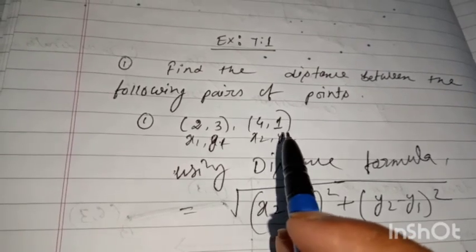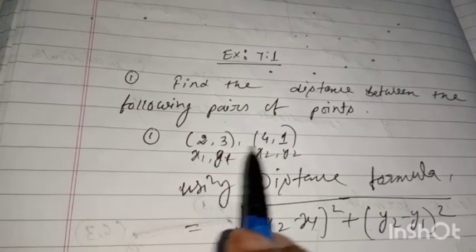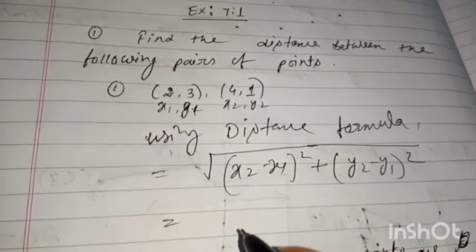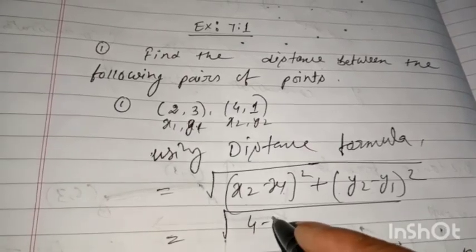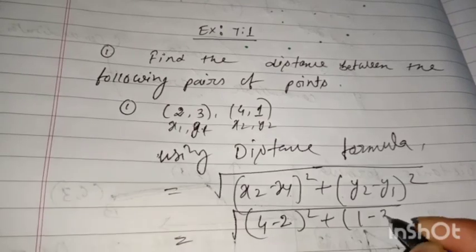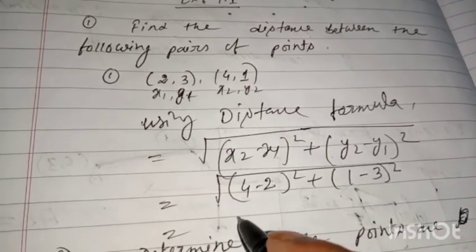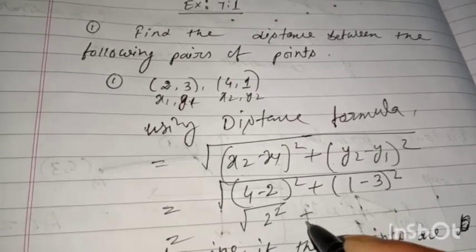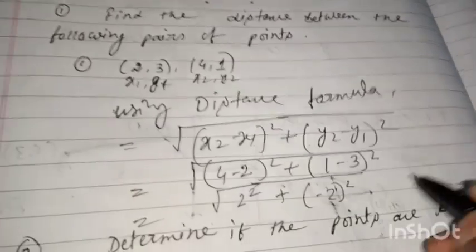After solving two or three sums, there is no need to write here, you will get the idea by yourself easily. So what is X2? 4, X1 is 2, Y2 is 1, and Y1 is 3. Try to understand. Then 4 minus 2 what? 2 square. Then plus 1 minus 3 is what? Minus 2 square.